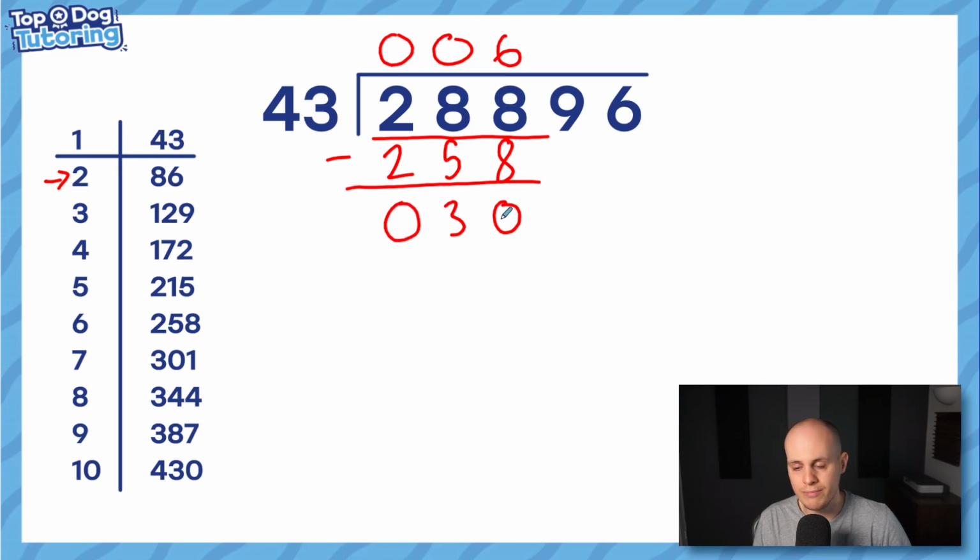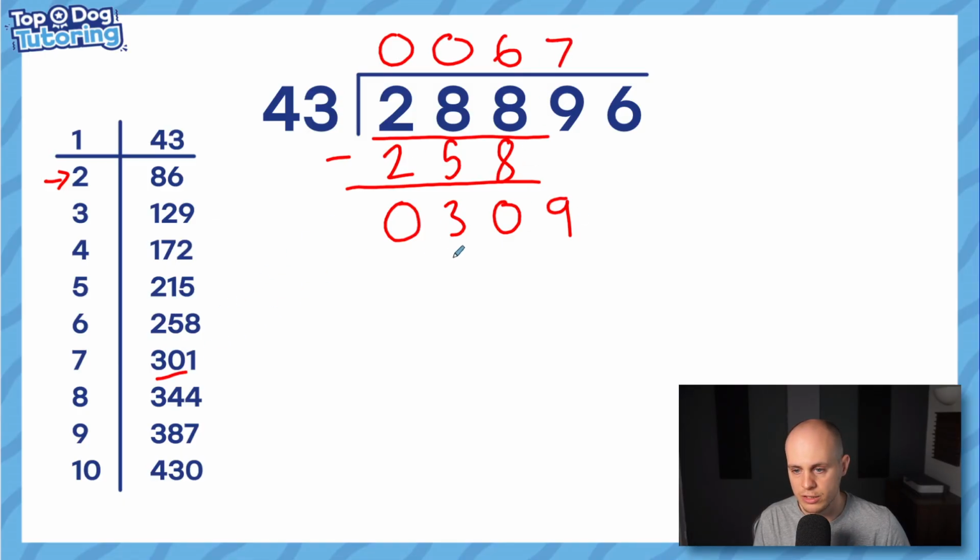And then once you've got that remainder, in short division, we'd write it up here, wouldn't we, next to the 9. So let's just bring the 9 down so it's nice and clear again. Okay, that's the same as me writing a little 30 up there. Does that make sense? So we can just pull it down instead. And then we just kind of carry on from here, right? We're thinking, how many 43s in 309? Well, we knew it was 7 lots, didn't we?